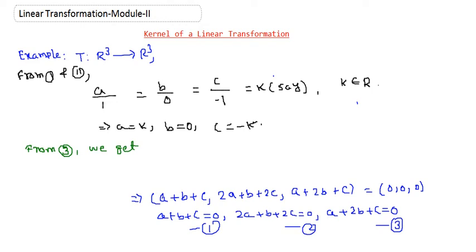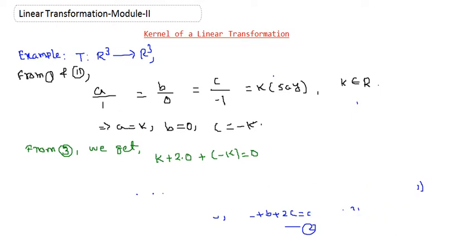So from 3, if I put in the values, we get K plus 2 times 0 minus K equals 0. So it satisfies the equation. This is the solution for our kernel. So let me write down the kernel.